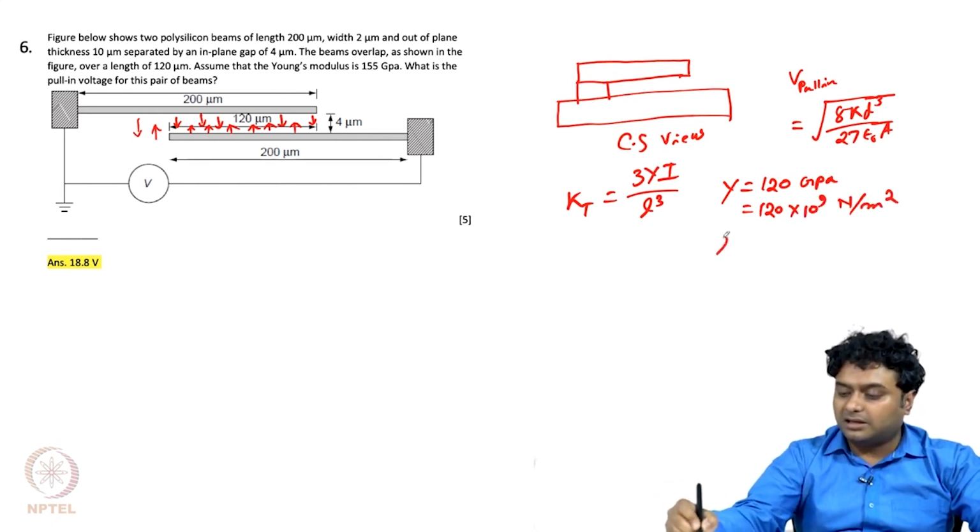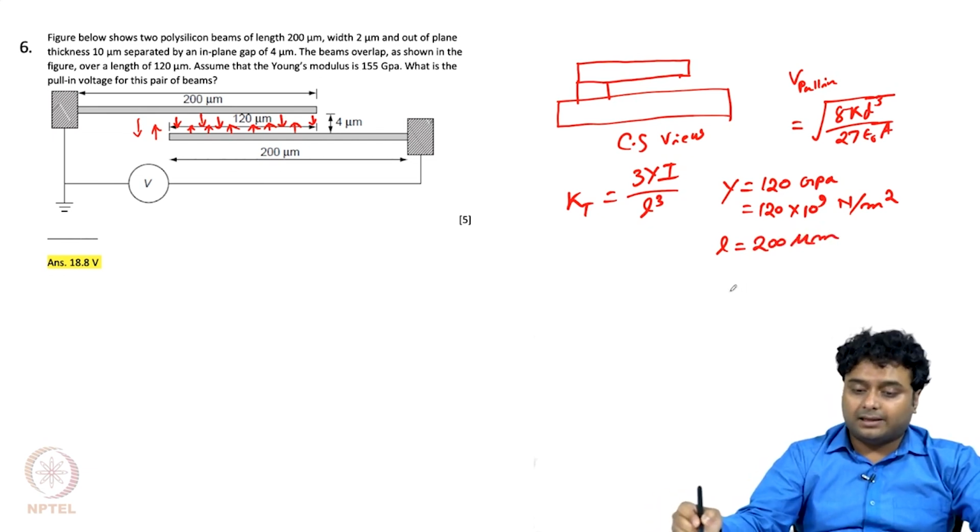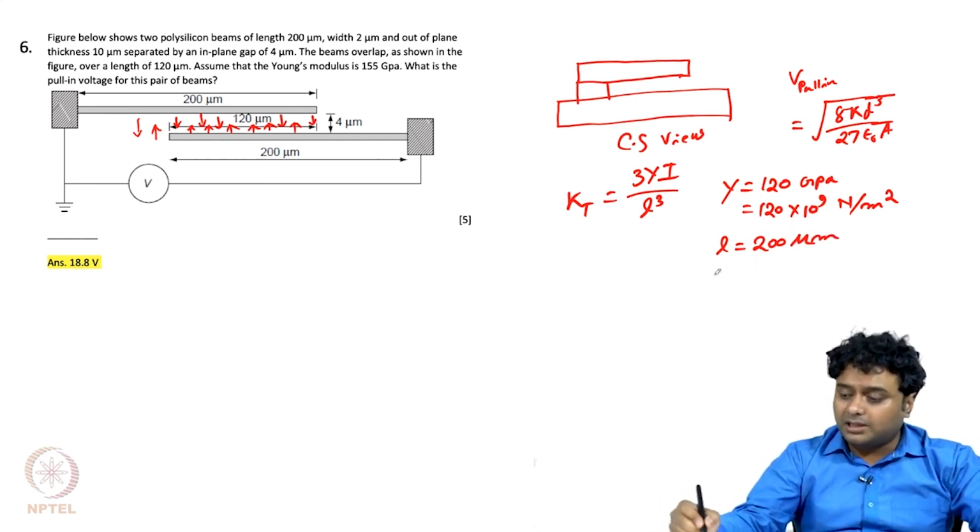Then L is given as, here we need to take 200 micron, not 120 micron, because I am considering the whole beam, right, and width is, so W is 2 micron and out of plane thickness is 10 micron, so thickness is 10 micron.